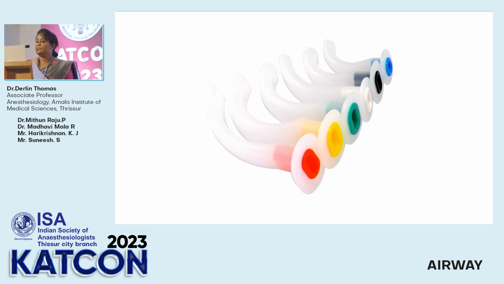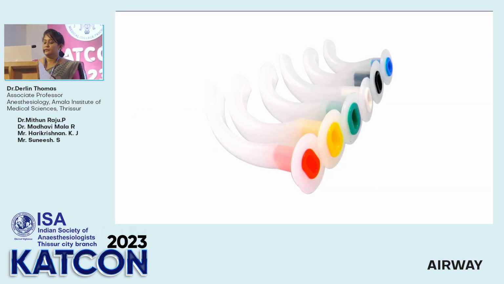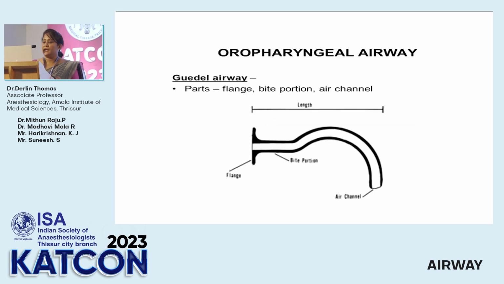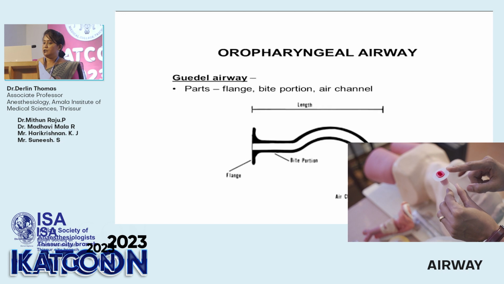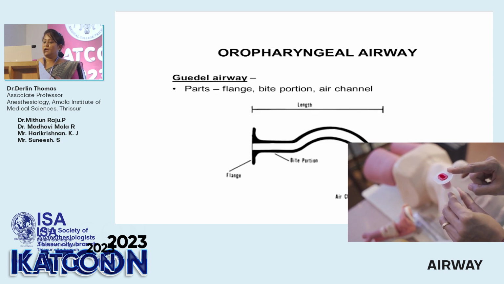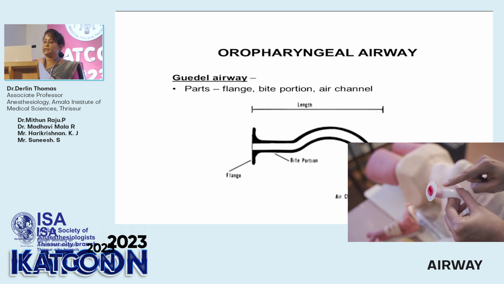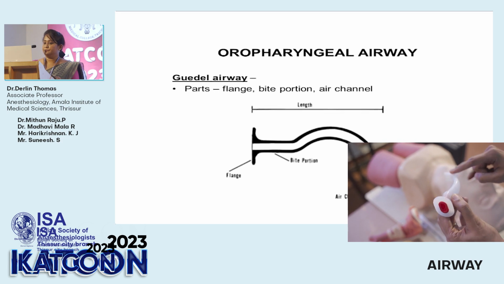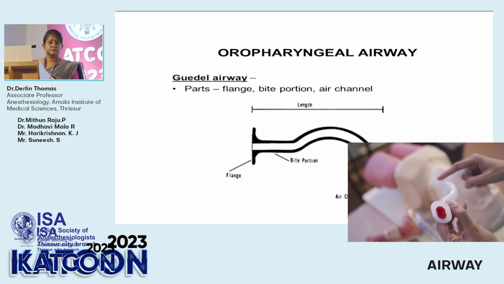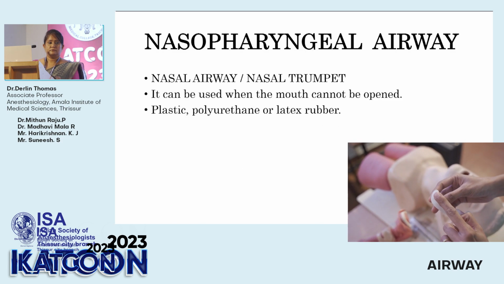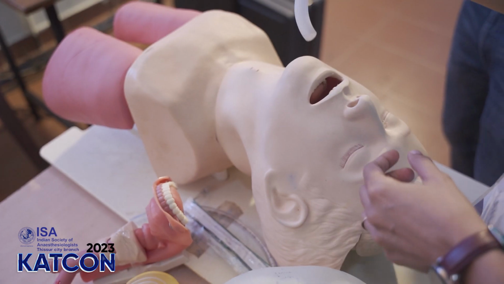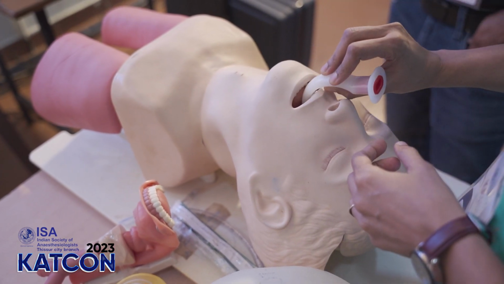These are also of different sizes and also color coded. And these are the parts of the oropharyngeal airway. Here you can see this is the flange, and this is the bite portion, and inside there is an air channel. This is how you insert the airway.